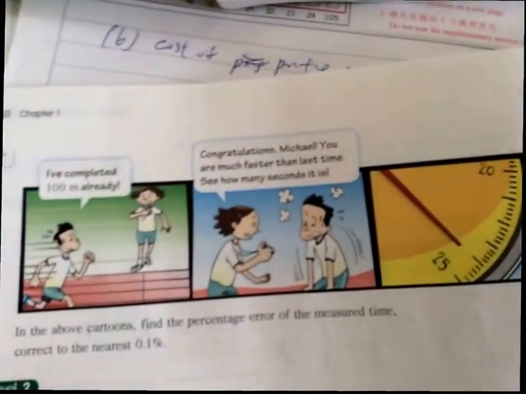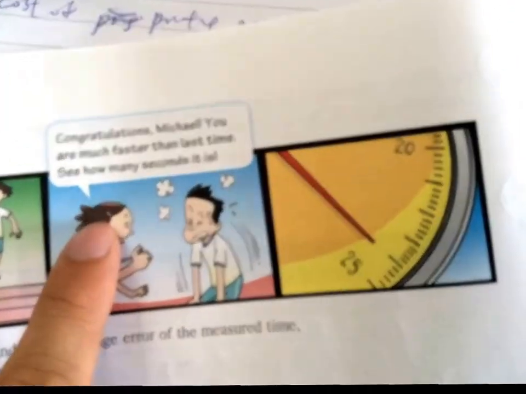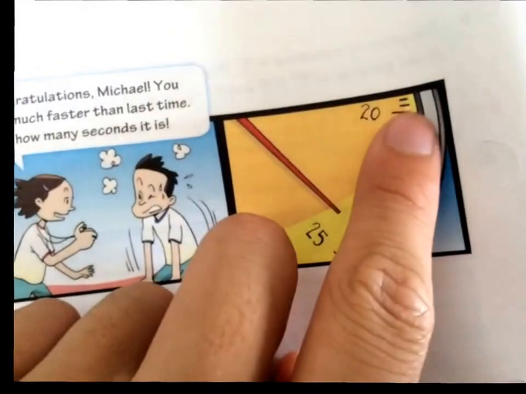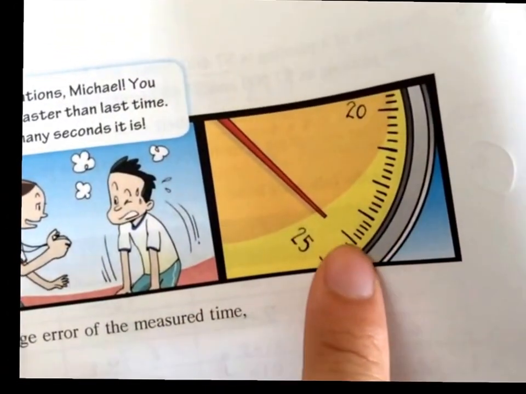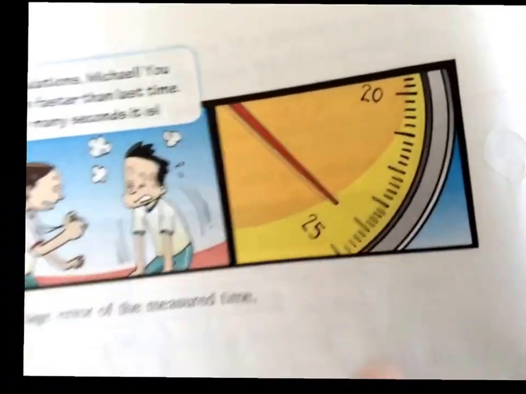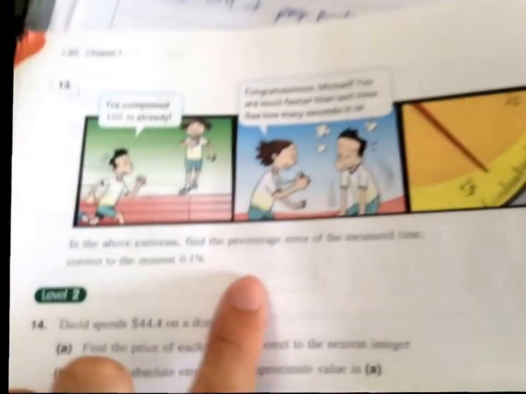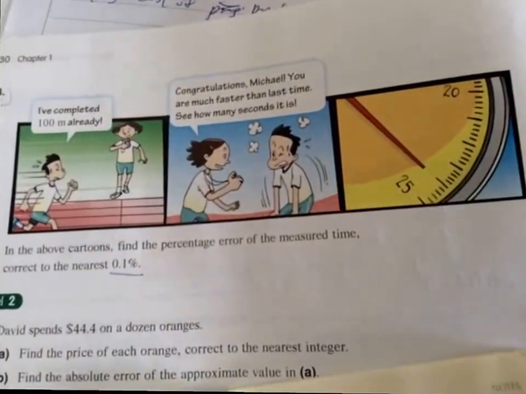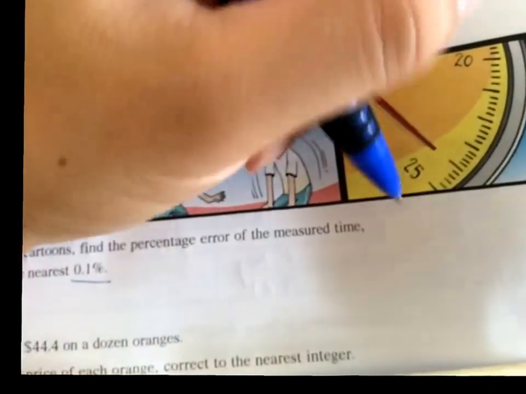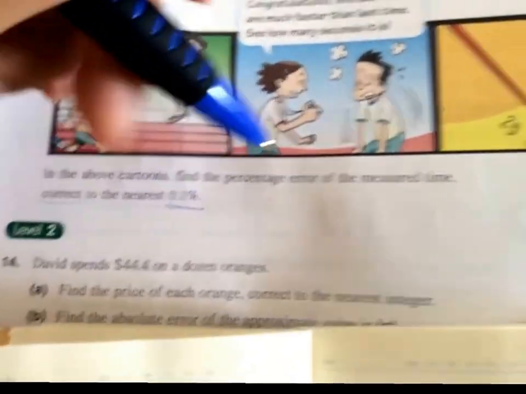Number 13. So you see this number, 20 seconds, 21, 22, 23, 24, 24.0. Find the percentage error of the measured time, and then finally correct to 0.1%. For the maximum error, you just need to go to this one, but not this one; that is just for the final answer.